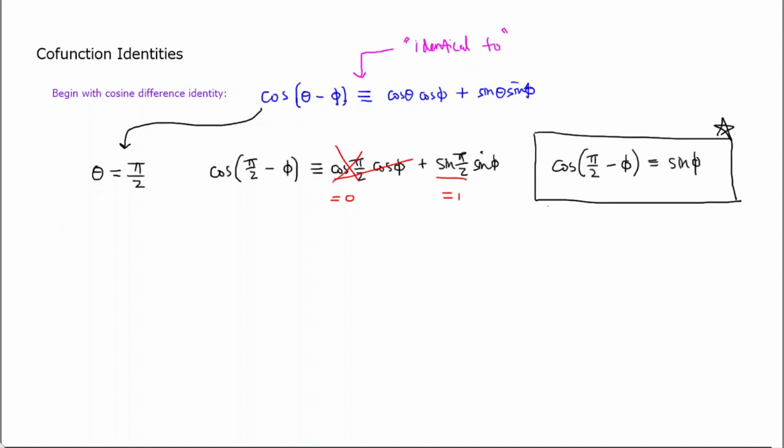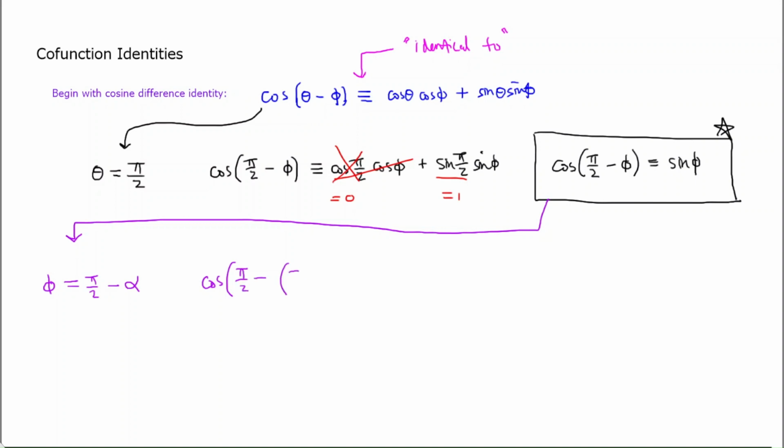So let's begin with this identity, and now let's put phi equal to pi over 2 minus some other variable name. I'll choose the Greek letter alpha. Now when we do that, we get cosine of pi over 2 minus parentheses pi over 2 minus alpha. This should be identical to the sine of pi over 2 minus alpha.